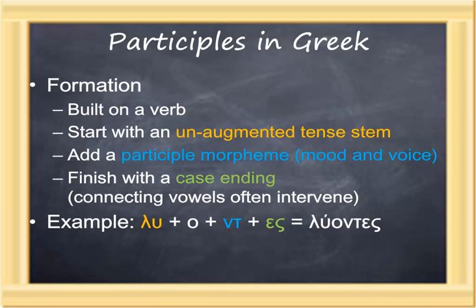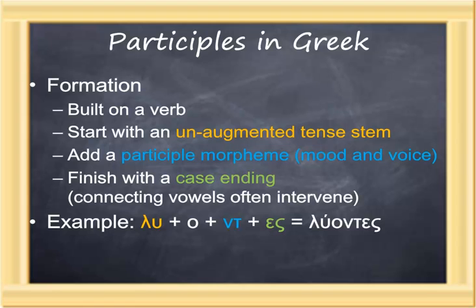So, for example, the participle leontes starts with an unaugmented tense stem, le. The participle morpheme, nu tau, tells us it's a participle and that it's active. The case ending, epsilon sigma, tells us the form is nominative masculine plural. And then a connecting vowel is thrown in to make smooth the form.